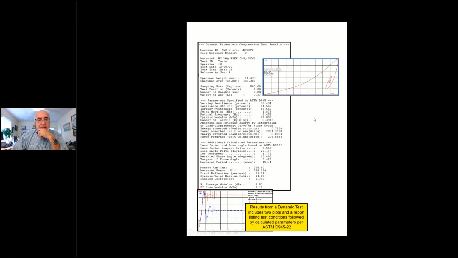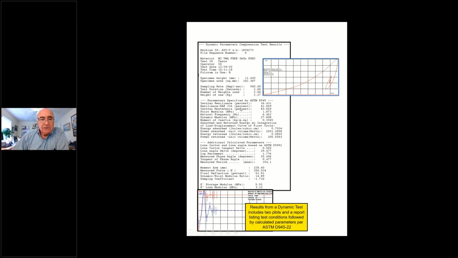Now, the next slide shows us the output that we generate from a test. The first thing I would like to refer to is the load versus displacement plot up on the right top corner. This specimen gives us quite an angle, quite an area under the plot, which shows that loss energy is substantial.